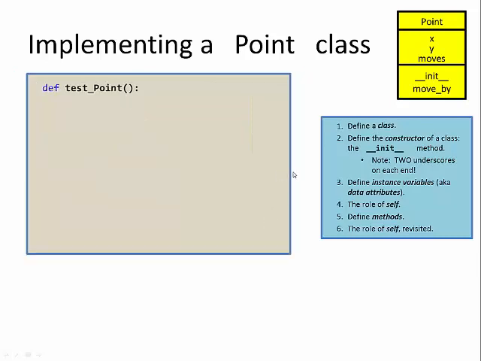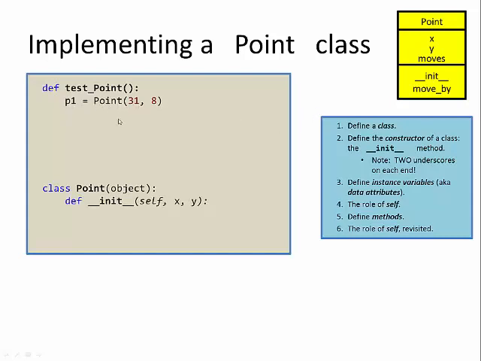Again, define a class by writing class, in this case point, paren object, define the constructor, and this time we're going to talk about defining what are called instance variables or data attributes, that x, y, and moves. So let's go back to our test case. We're constructing a point at 31, 8, putting it in a variable P1.